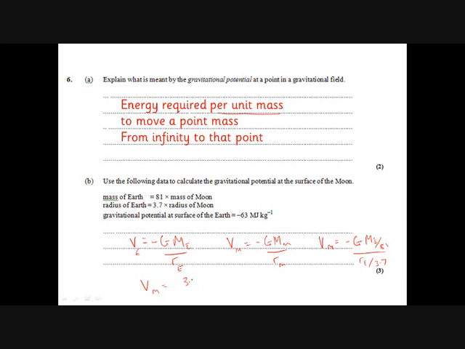The 3.7 comes on the top: 3.7 times minus G ME over 81 RE. But this bit here we know is minus 63. So minus 3.7 over 81 times 63 times 10 to the 6 gives us an answer of 2.9 times 10 to the 6, or 2.9 megajoules per kilogram.